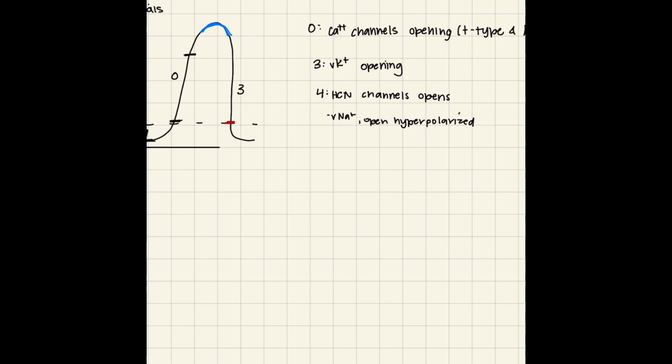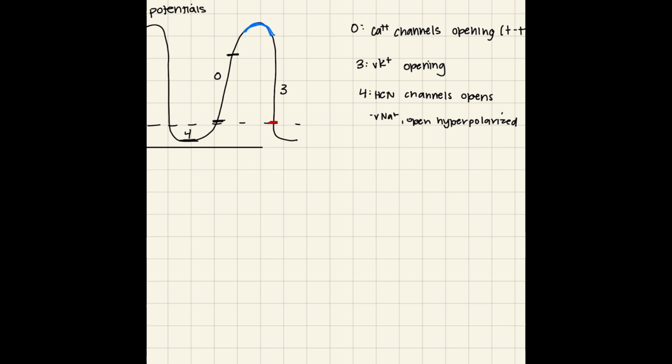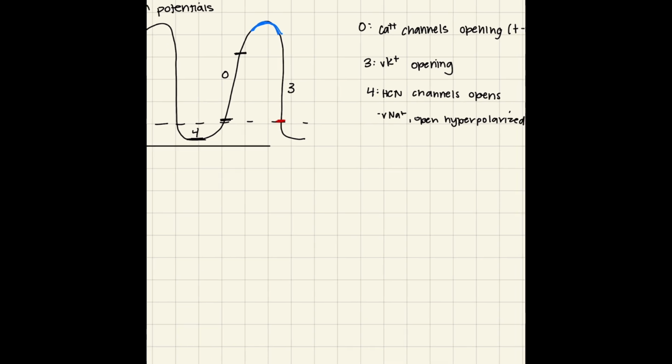An important note about this HCN channel: we also call it the If channel. It is cyclic nucleotide controlled, so we can either stimulate it or shut it down with cyclic nucleotides.